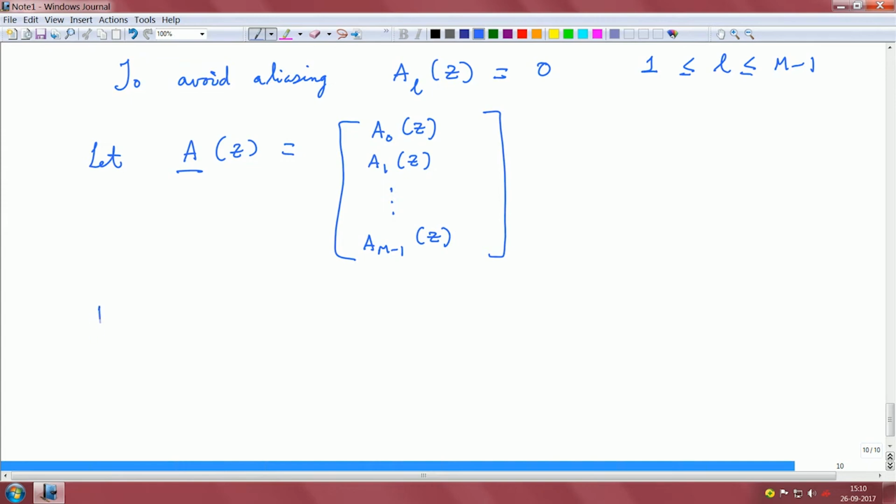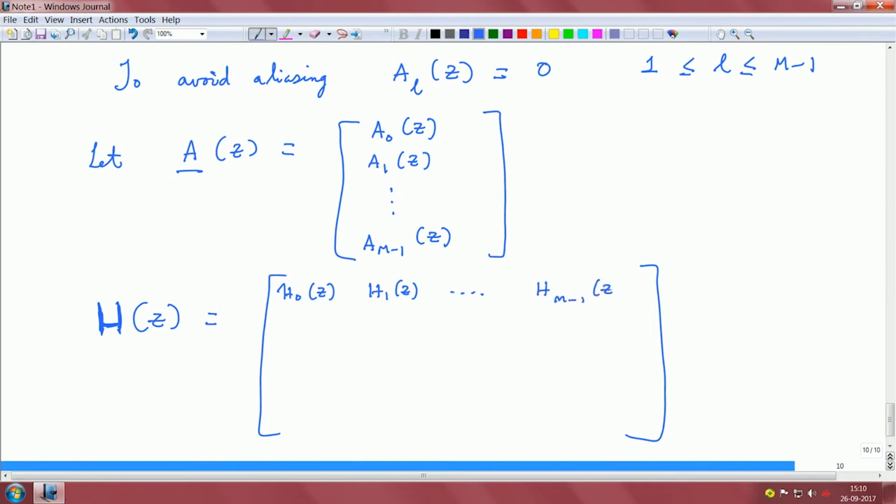Let H of Z, this is really a bold matrix, be a stack of matrices given as follows: H naught of Z, H1 of Z dot dot dot H m minus 1 of Z, then you have H naught of Z omega, H1 of Z omega dot dot H m minus 1 of Z omega.